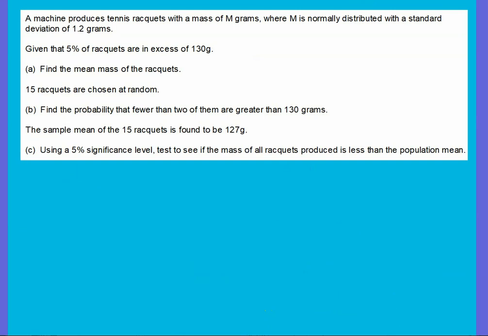So a machine produces tennis rackets with a mass of m grams where m is normally distributed. They're kind of telling us that. It's a good habit to get into anyway. So I'm just going to say let m be the random variable mass of a racket.